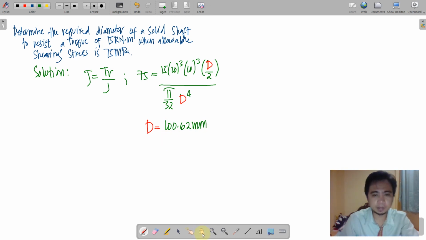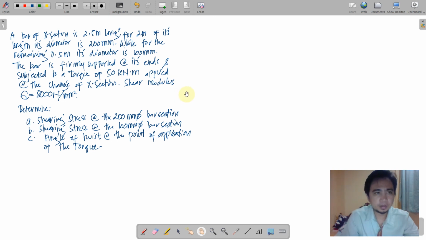So next problem. We have here a bar of cross section that is 2.5 meter long. For 2 meter of its length, its diameter is 200 millimeter, while for the remaining 0.5 meters, its diameter is 100 millimeter. So there is a transition of the cross section.